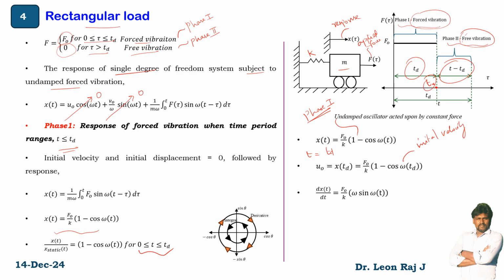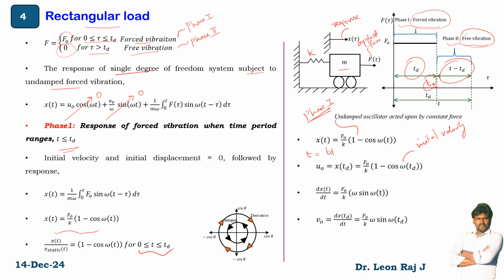So dx of t, just differentiate with respect to time t, and you will get f0 by k omega into, so here it is cos. When cos is differentiated, you will get minus sine. Already a minus is there, so minus minus gets plus.